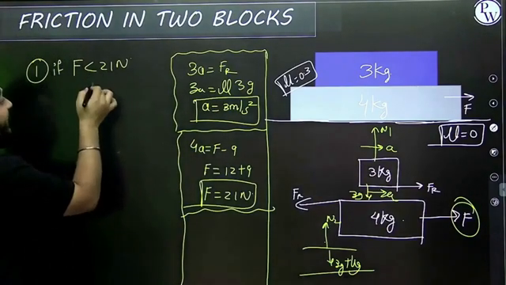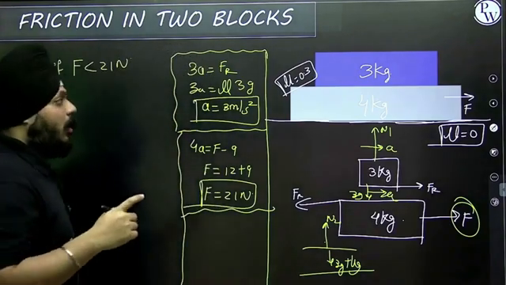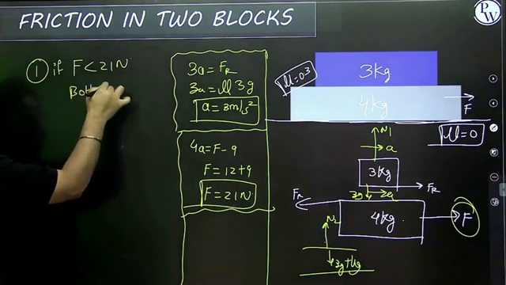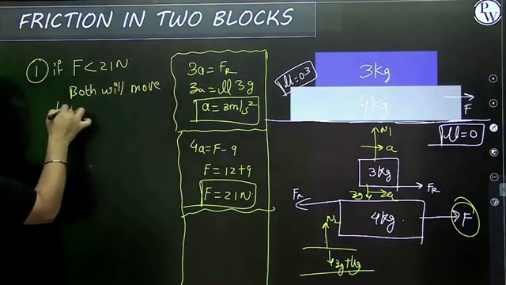If F is less than 21, both will move together with the common acceleration.